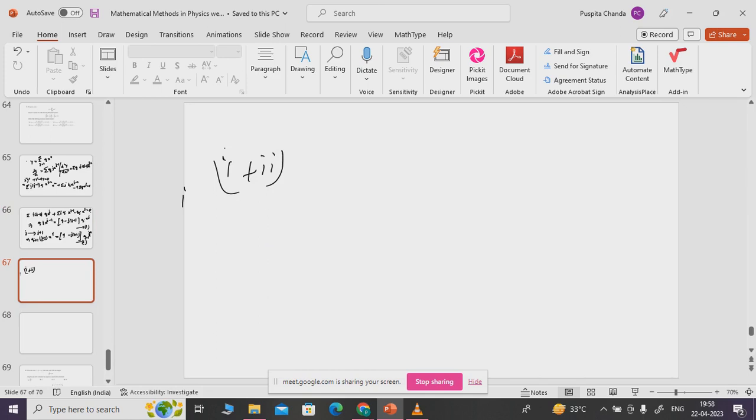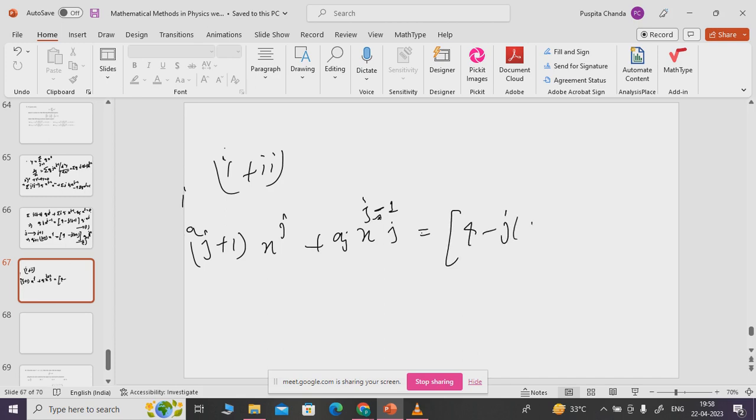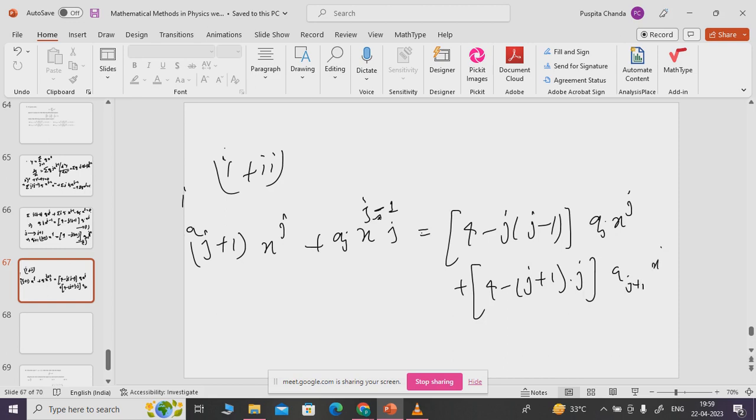So if we sum them, it will become j plus 1 x j plus aj x j plus 1 x into j minus 1 is equal to 4 minus j into j minus 1 aj x to the power j plus 4 minus j plus 1 into j aj plus 1 x to the power j plus 1.